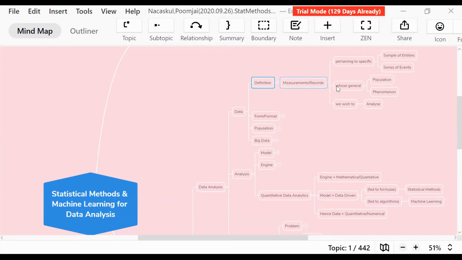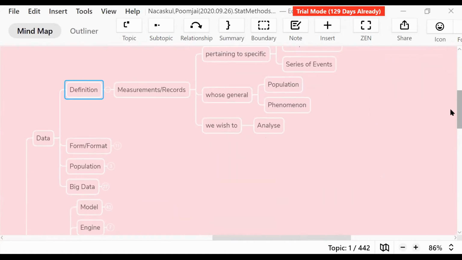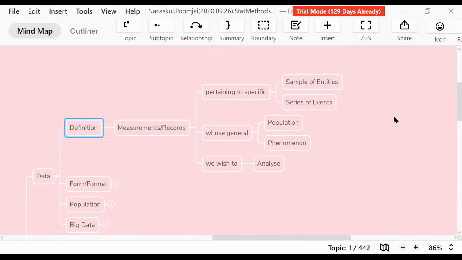Now I put here not only population but also phenomenon. Instead of collecting data about your mom, who is one data point representative of elderly ladies, you can collect your mom's friends' information. That becomes the second data point.